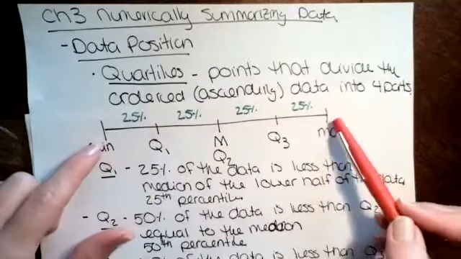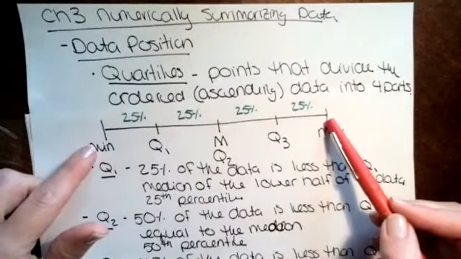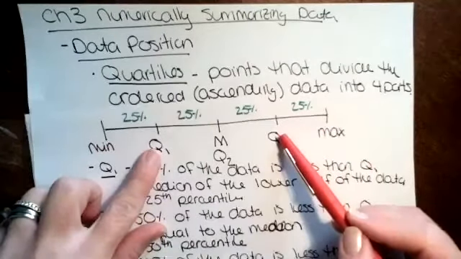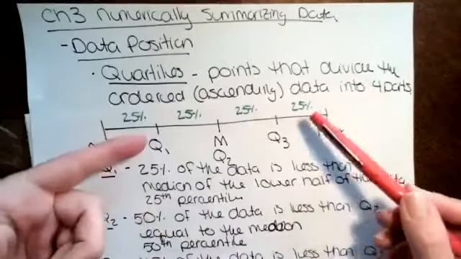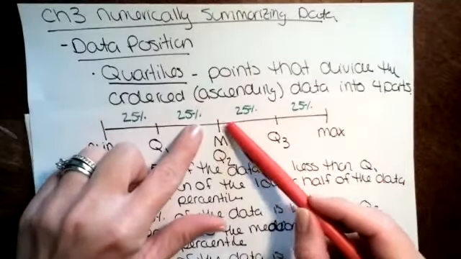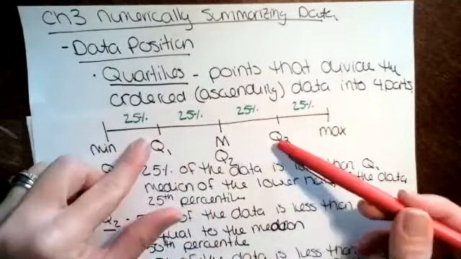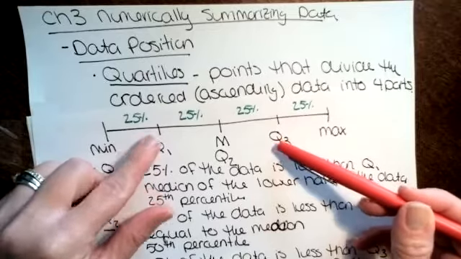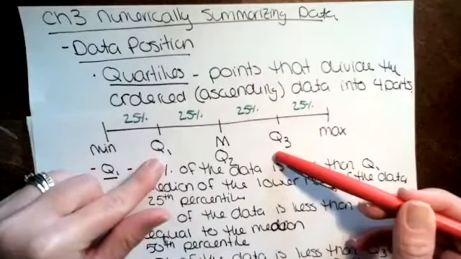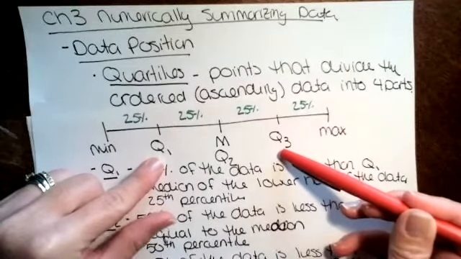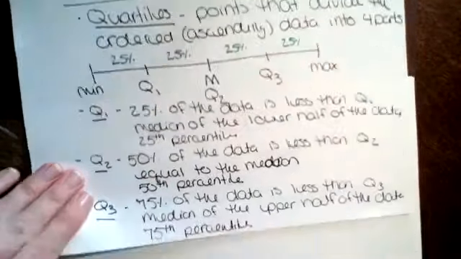My min and my max could be far from the rest of the data, but since the quartiles are far from those values because they're inside, and it actually represents that middle 50%, then they're called resistant. That means an outlier does not affect those values. So when I have an outlier as part of my data set, my quartiles are not affected. So we call that resistant to outliers.